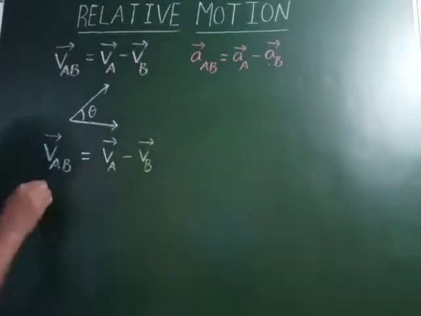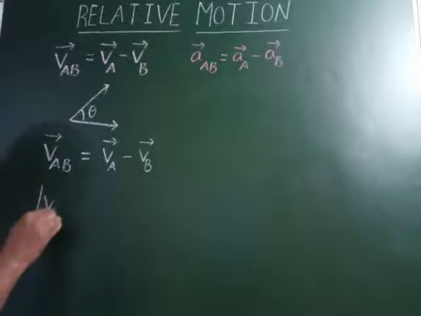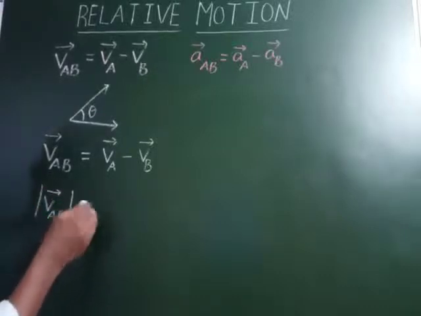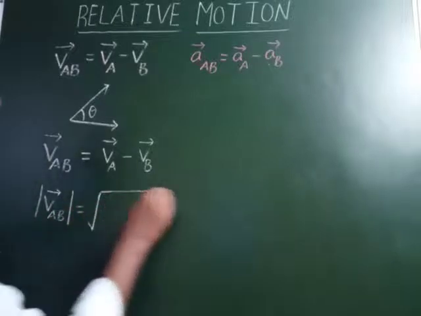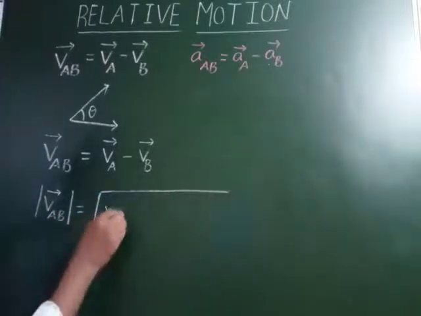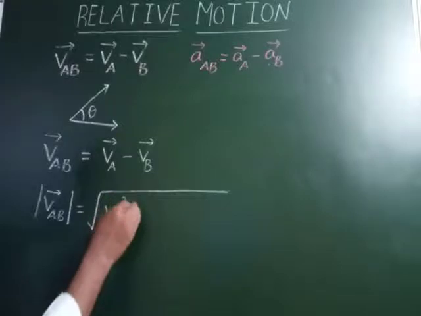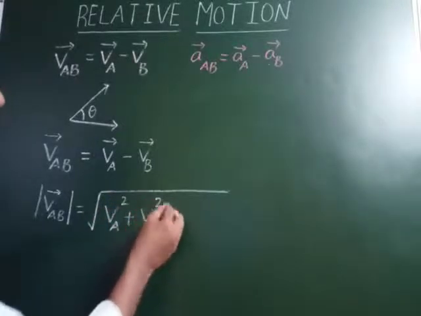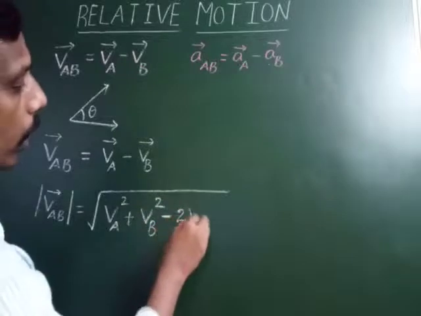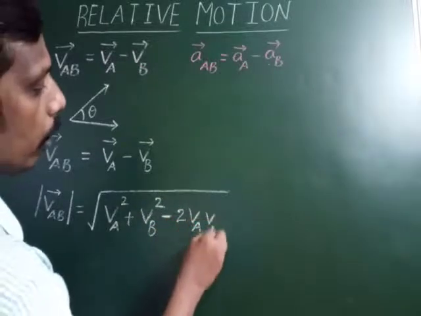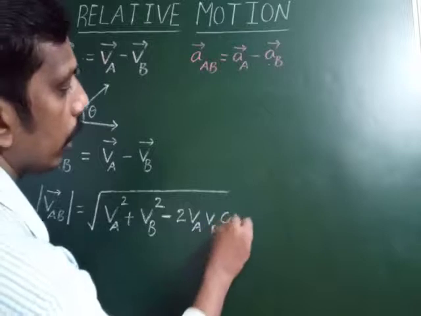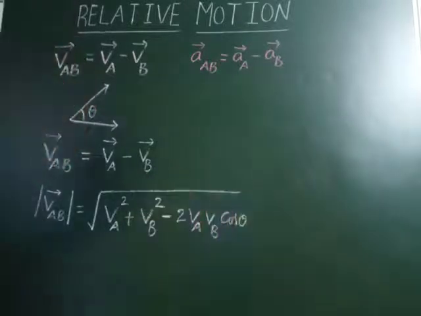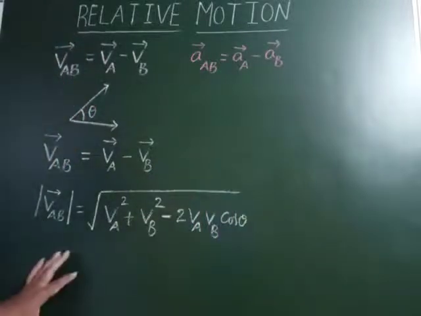The magnitude VAB, or VBA, is given by the formula under root of velocity of A square plus velocity of B square minus 2 into VA into VB cos theta. Using this formula we can get the resultant magnitude.